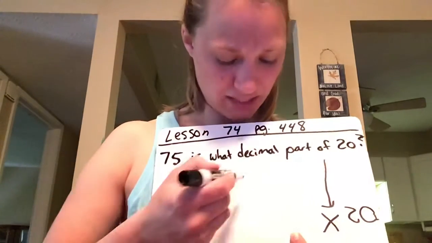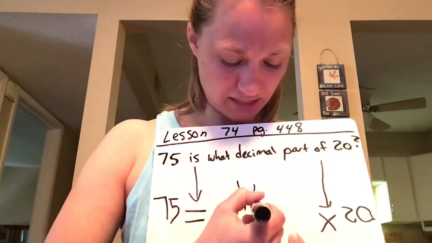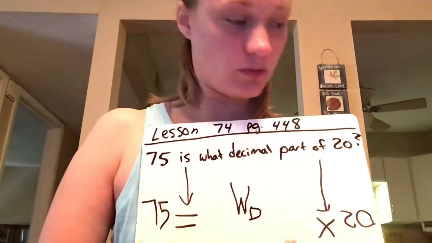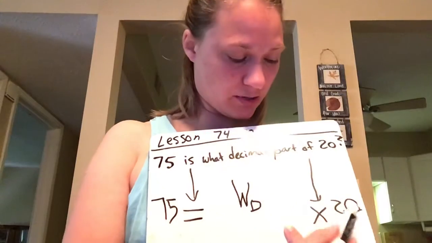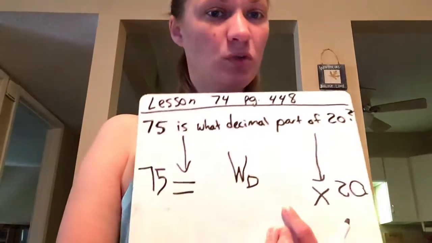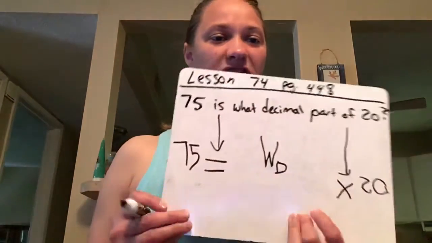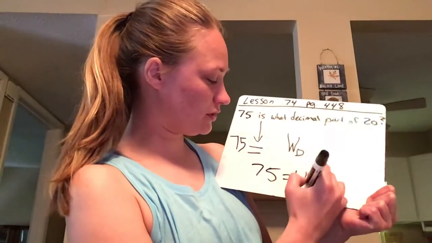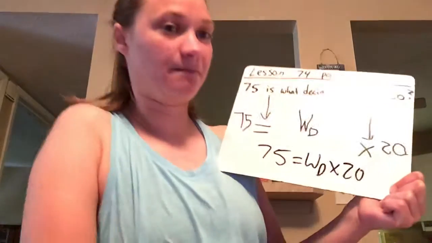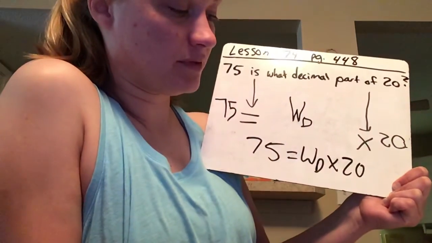And so they're going to replace that with the letter W, what, and then a little D for decimal. That's what the book does, okay? 75 is what decimal part of 20? Okay, so if I write this equation a little cleaner, 75 equals WD times 20. You see that in the book there, okay?